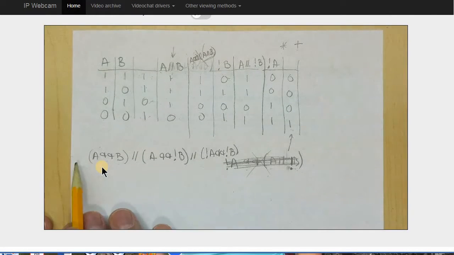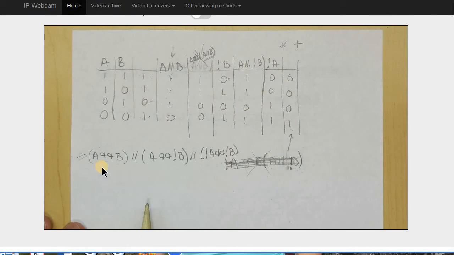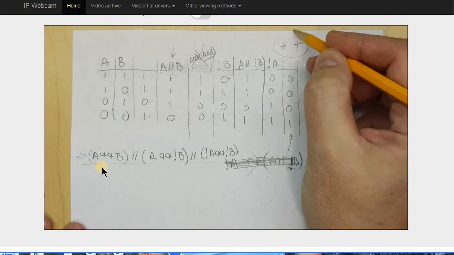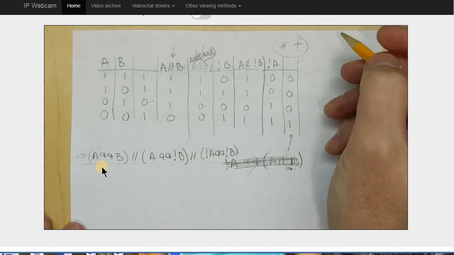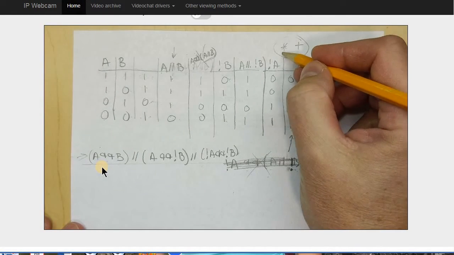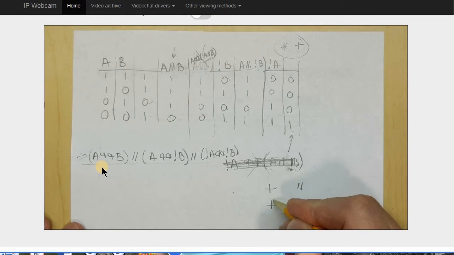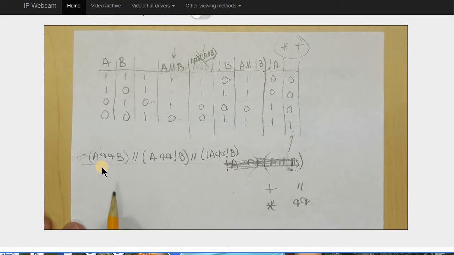With computer science, I would accept this. With electronics, I would definitely not accept that. That's way too complex. So we're going to use the things I mentioned in my other video. We're going to use plus and multiplication. Addition is or, multiplication is and. So all we have to do is replace these with these two symbols.